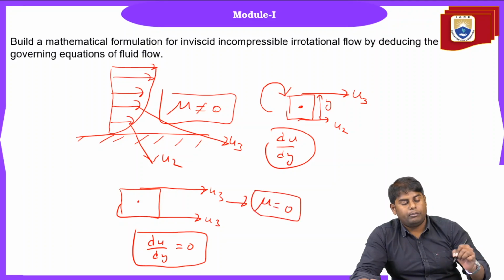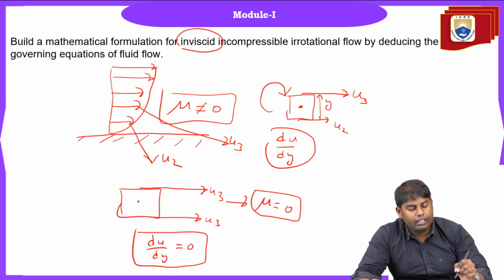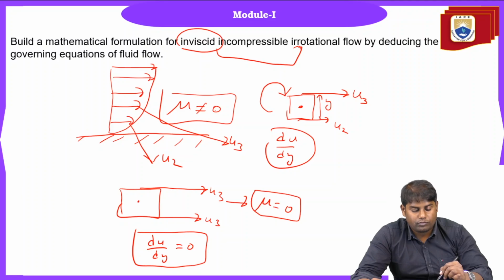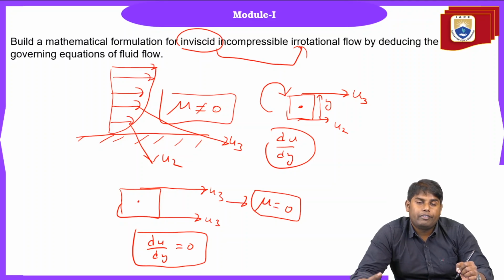So if the flow is viscous, you have the rotational effect of the fluid particle. The rotational effect is coming because of the change in velocity from one layer of the fluid to the other layer of the fluid.